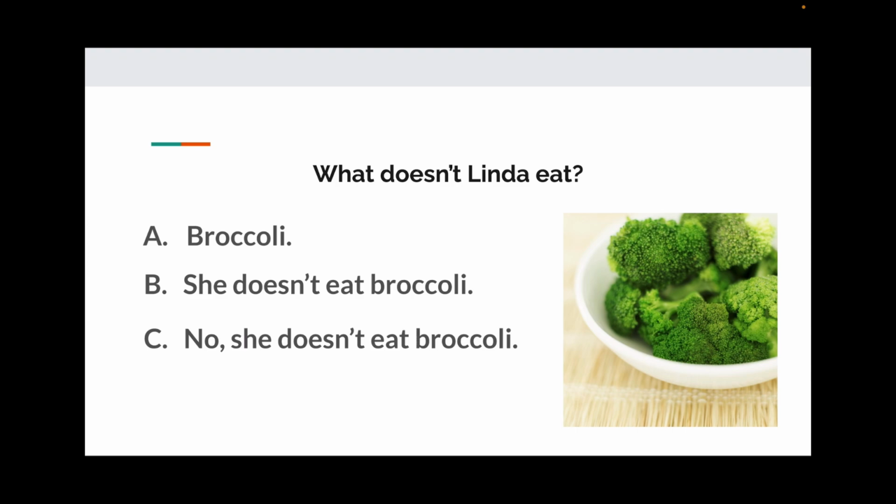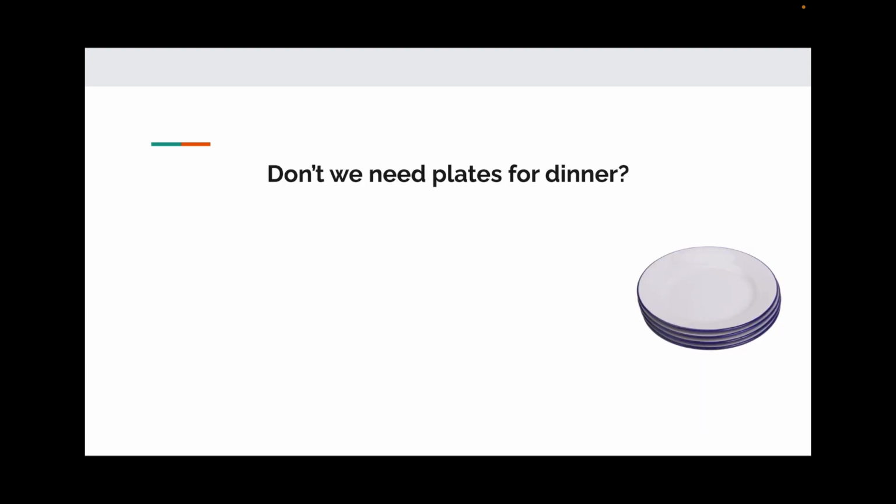Let's look at our answers. And so A and B are correct because with C, you can't answer a second form positive or second form negative question with no. And then our last question, don't we need plates for dinner?